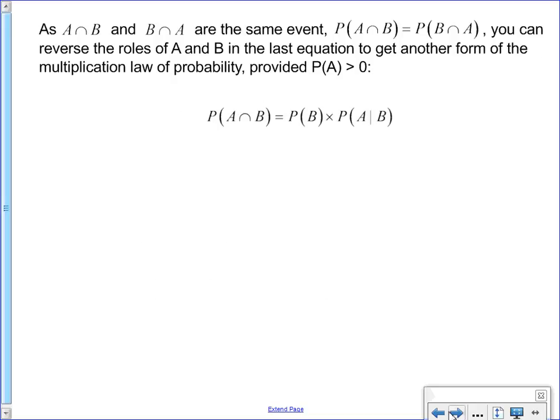So the probability of A union B, which is the same thing as the probability of B union A. So you can switch everything around, and that's also probability of A times the probability of B given A.